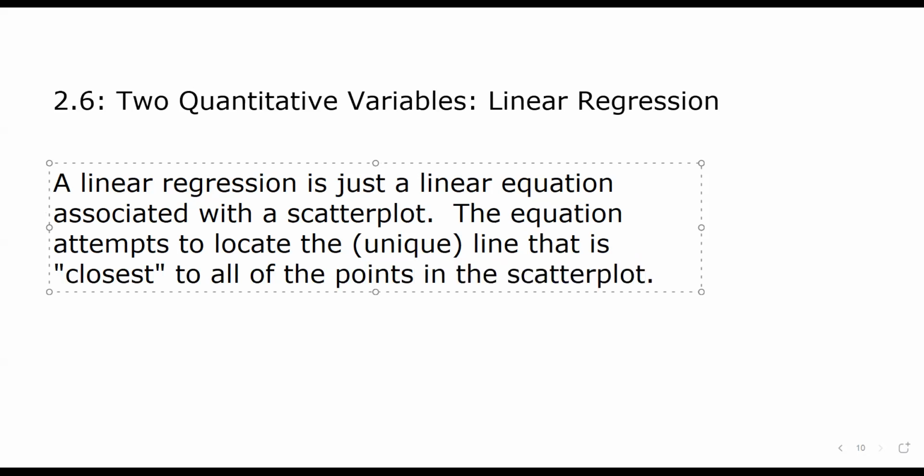From a technical perspective, we would have to define what we mean by closest by somehow coming up with a way for measuring how far a point is from a line, and then coming up with the line that is, quote unquote, closest.